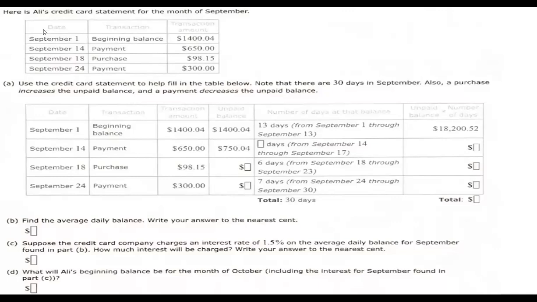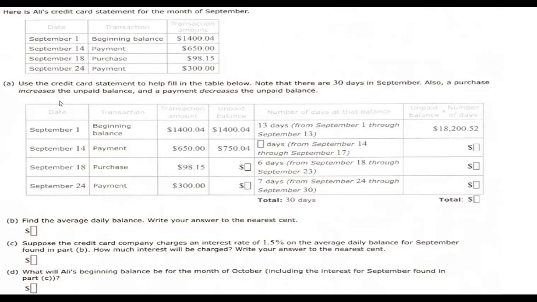All right, so the next problem, we're going to look at this credit card statement. It says, here's Allie's credit card statement for the month of September. I know it's a little bit hard to read, but the first table has the date, the transaction, and the transaction amount. Part A says, use the credit card statement to help fill in the table below. Note that there are 30 days in September. Also, a purchase increases the unpaid balance and a payment decreases the unpaid balance.